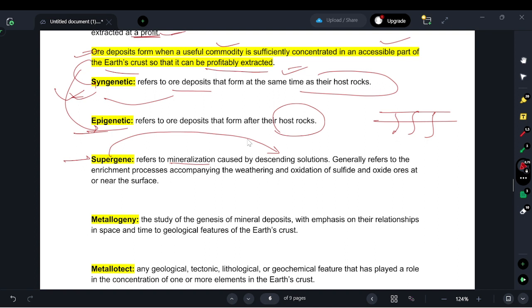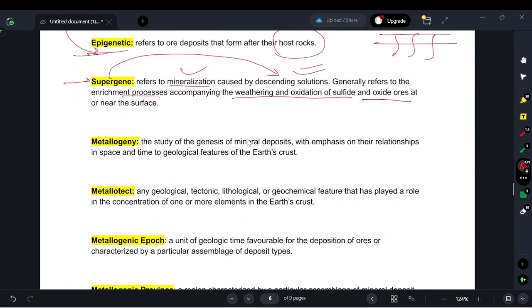It generally refers to the enrichment process accompanied by the weathering and the oxidation of sulfide and oxide ores near the surface. We will be going into depth in these topics later, but I am just referring you to the common terms used in economic geology.